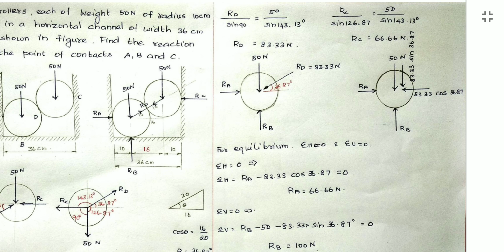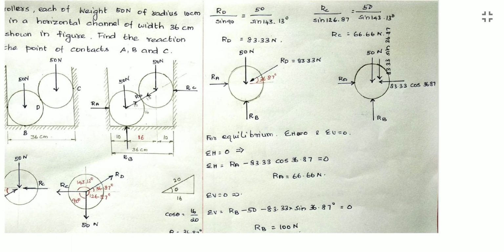So here we have four forces, and we can't solve this using Lami's theorem, because Lami's theorem can be applied only for three forces. So we can solve this with the help of the principle of resolution of forces.